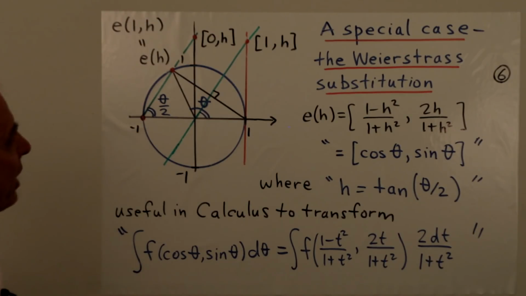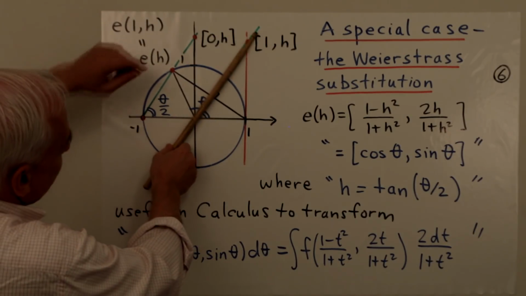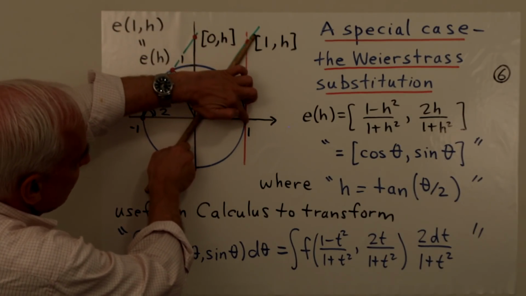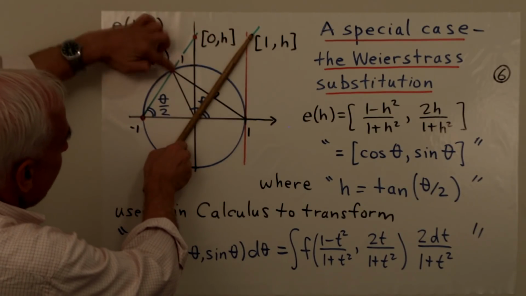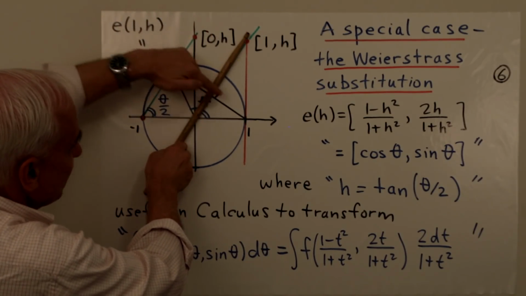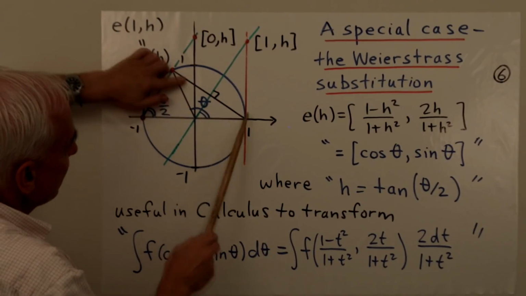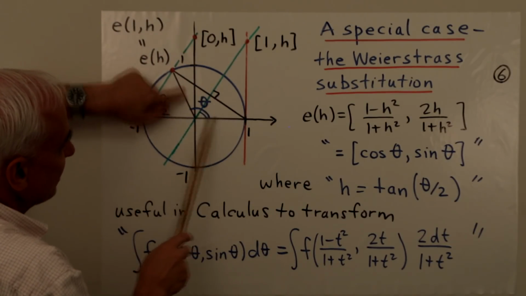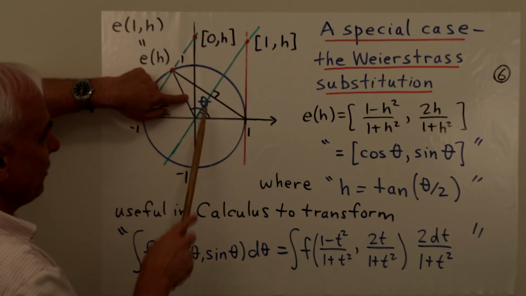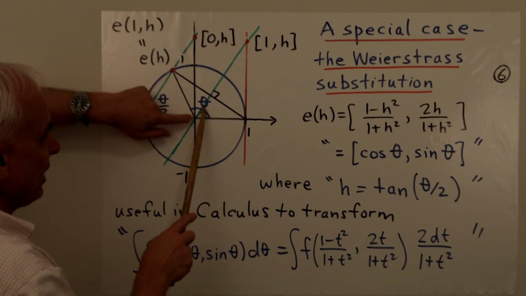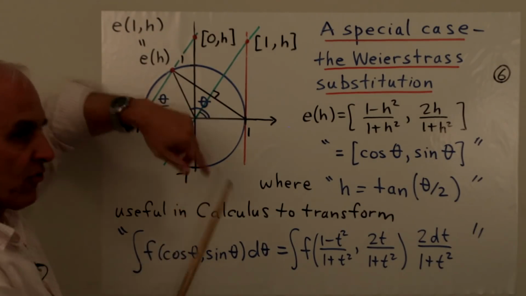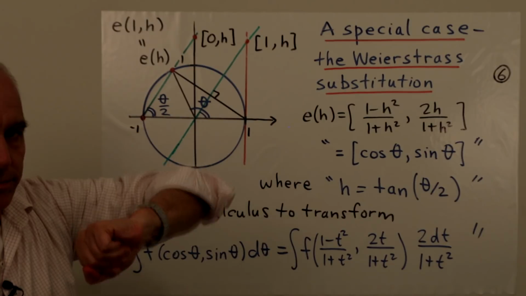Now, if we look at the geometry of the story here, when we've said that this point is reflected in this line to this point, this line is perpendicular here, that's going to mean that this line is bisecting this angle here. So that's theta all the way there. Then each of these smaller halves is going to be theta over 2.